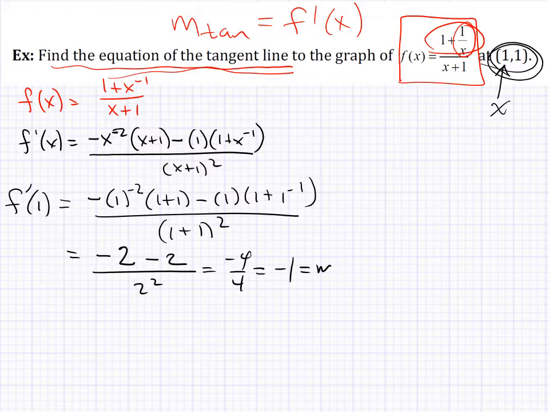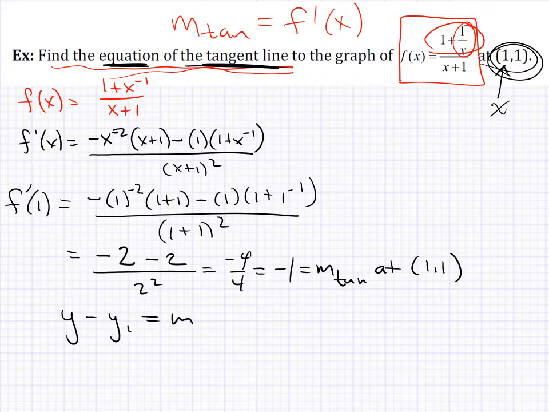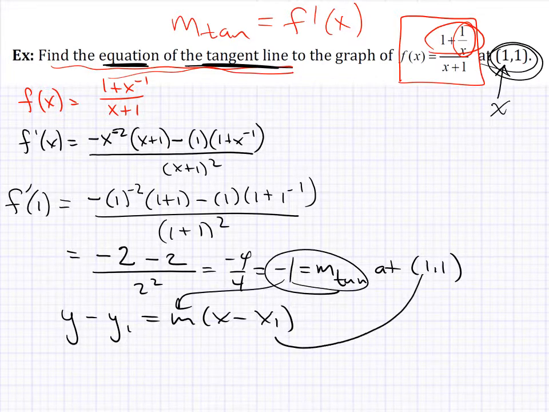So this is the slope of the tangent line at 1, 1. Now to write the equation of the tangent line, I have to say, well, y minus y1 equals m times x minus x1. M is negative 1. The point is 1, 1.